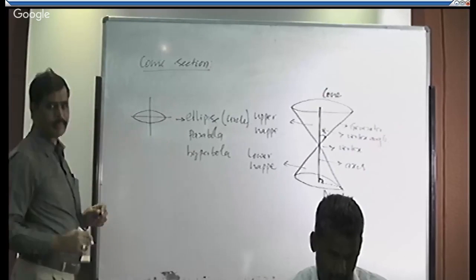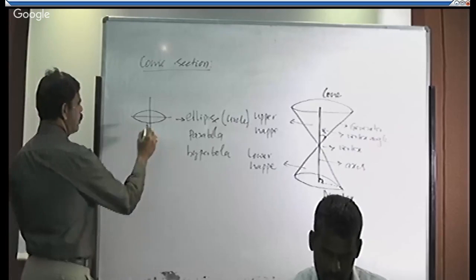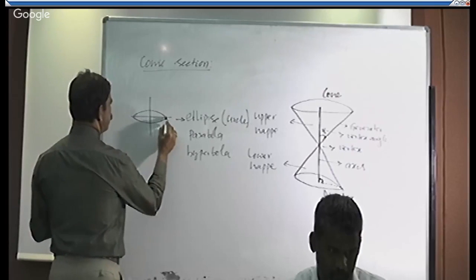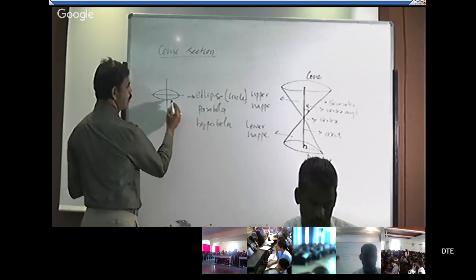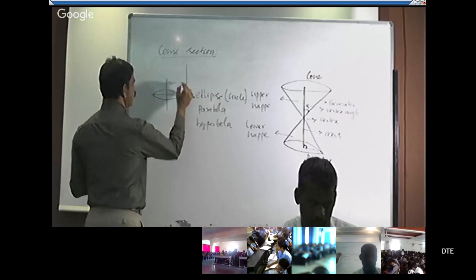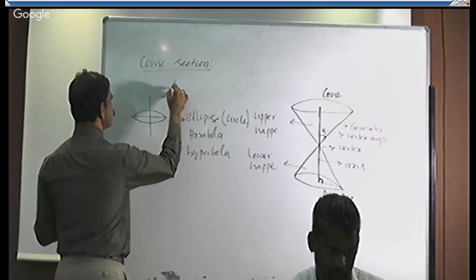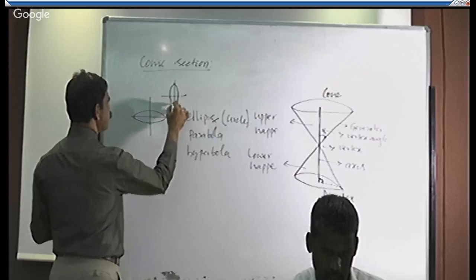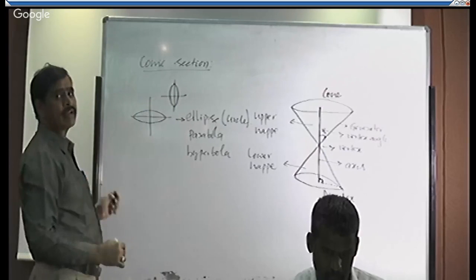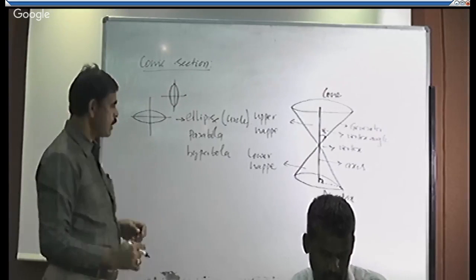This is an ellipse. The X-axis will be the major axis, the Y-axis will be the minor axis. In some cases, it may also form like this. Here, the Y-axis will be taken as the major axis, and the X-axis as the minor axis.